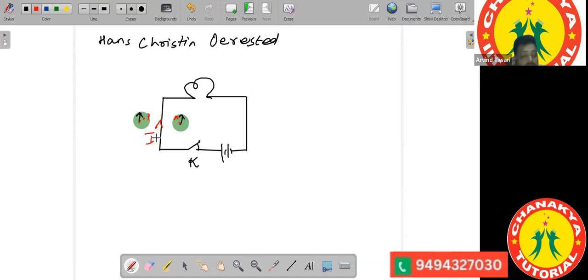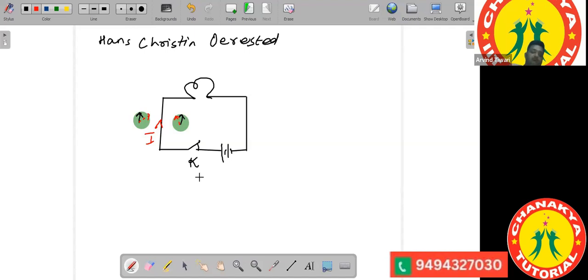So from here he observed that a magnetic compass will always show deflection if there is a magnet. But there was no magnet. He searched everywhere nearby, and there was no magnet. Everything was happening just because of this current.